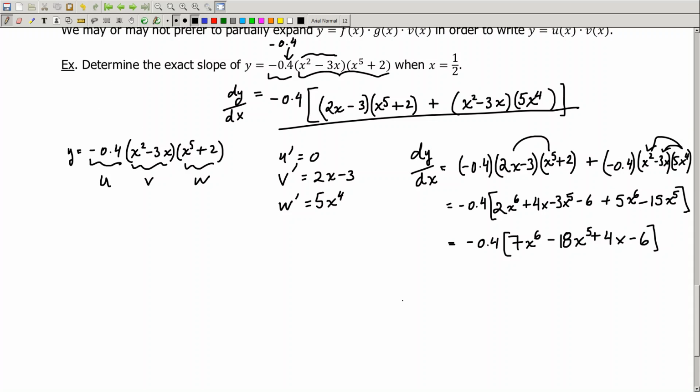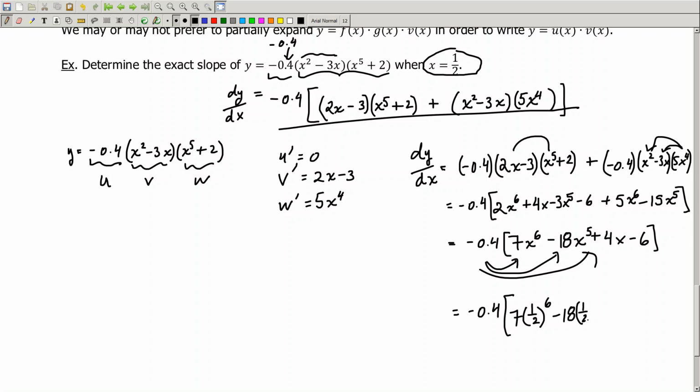Now, I don't actually have to expand or distribute this negative 0.4 inside the bracket. I could just plug in 1/2 if I'd like, and then at the end distribute negative 0.4 to get the exact value of the slope. So that's exactly what I'm going to do, and try to see what I get over here and determine the slope that way.